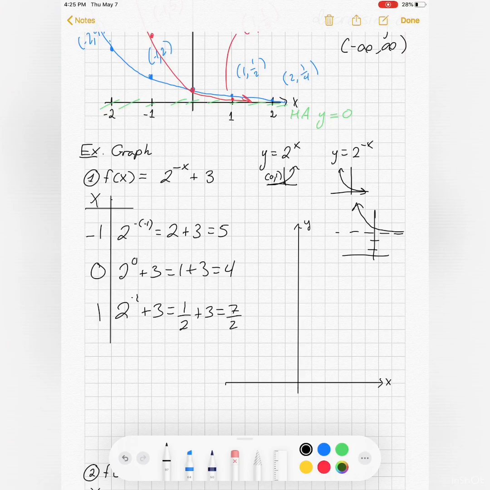And then let me just plot these points. So let's see, I've got negative 1, 5. Got 0, 4. Got 1, 7 halves.